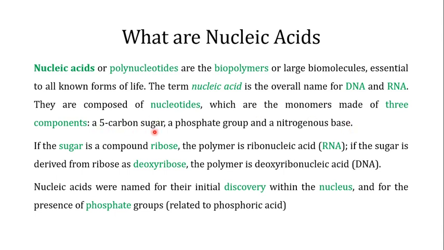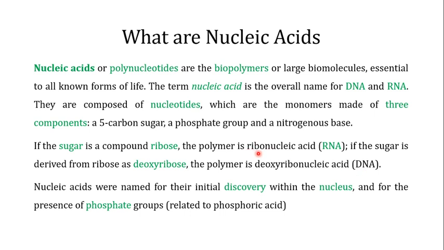Now this 5-carbon sugar in the nucleic acid can exist in two forms. If the sugar that is used in the nucleotides or the polynucleotide is a ribose, the polymer is known as the ribonucleic acid. And if the sugar is derived from the ribose as deoxyribose, the polymer is known as the deoxyribonucleic acid.